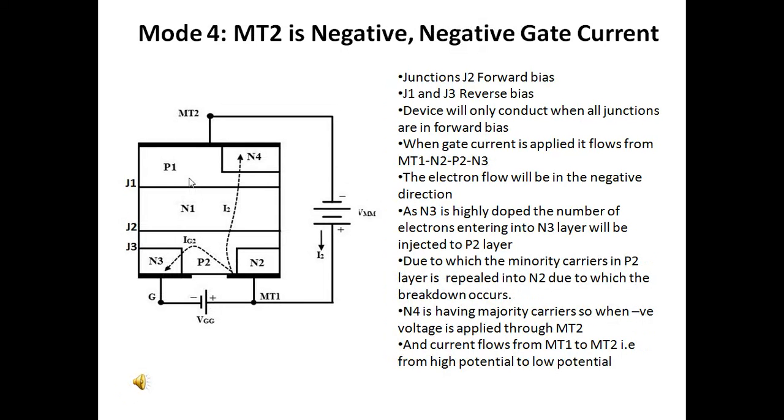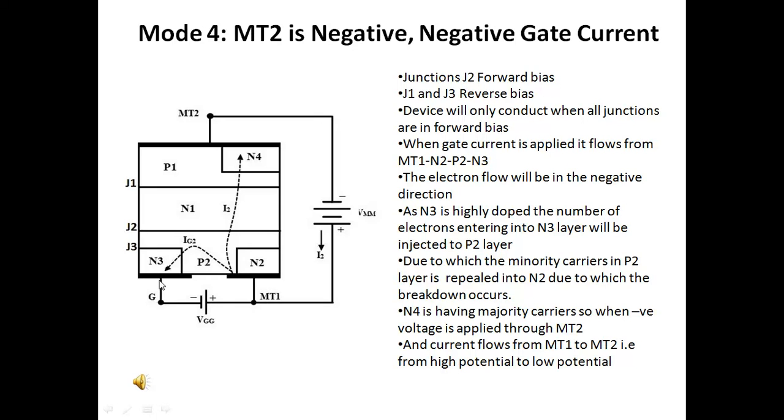The last mode of operation is when MT2 is negative and negative gate current is applied. In this case, as looking into the Triac diagram, what we can observe is the MT2 terminal is connected to the negative of the power supply and the positive terminal of the power supply has been connected to MT1, and the positive terminal of the gate current is given to MT1 and the negative terminal is given to the gate terminal.